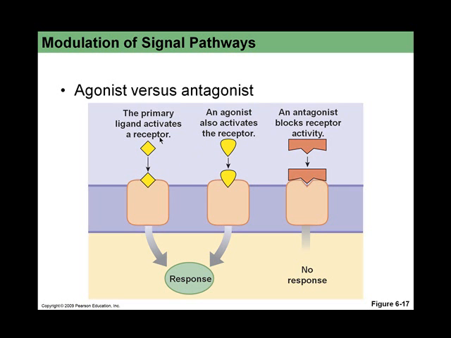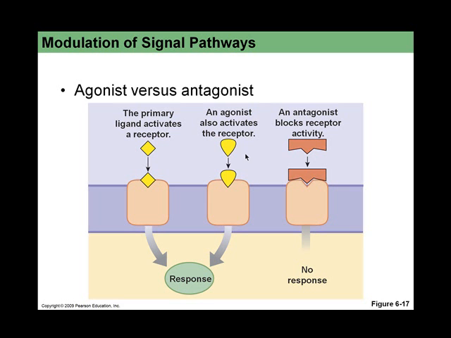So the primary ligand acts on a receptor. So let's say it is an opioid acting on an opioid receptor. Well, an agonist will activate that same receptor. So it might be morphine or heroin acting on the same opioid receptor, but it is an opiate, O-P-I-A-T-E, or opiate, however you want to pronounce it.